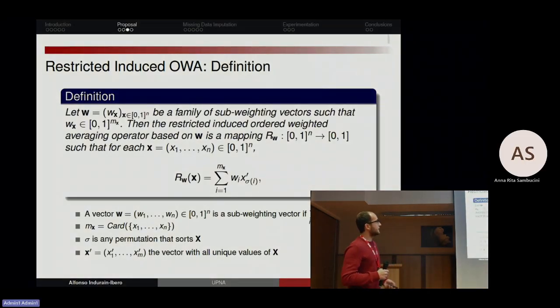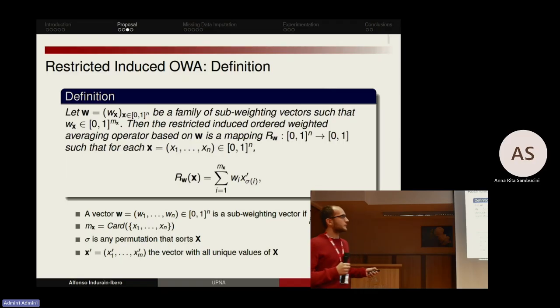And lastly, we have arrived at the definition. For those of you who are familiar with induced operators, you can see that the definition is quite similar to the original one, but with a few small changes. The first one is the values that we are going to be using. The input is going to be a value vector x with any kind of inputs, but we are only going to work with x prime, being just the unique values of x, meaning that we remove any duplicated values whatsoever.